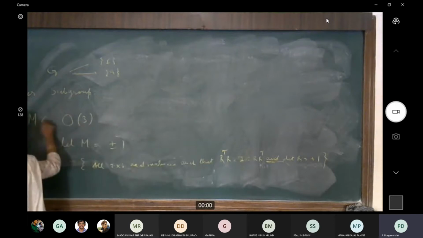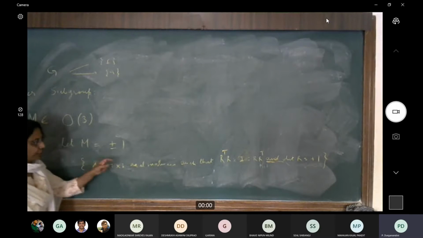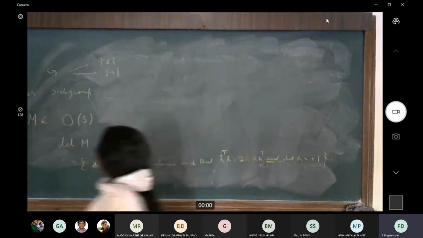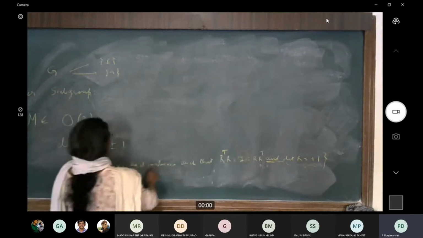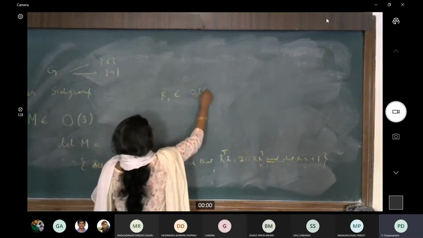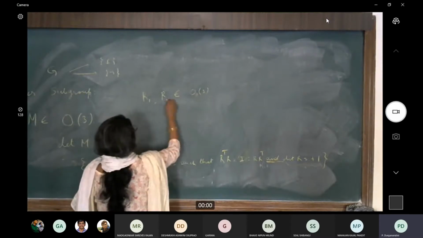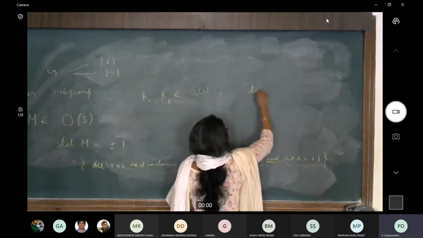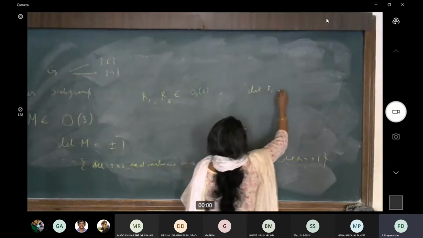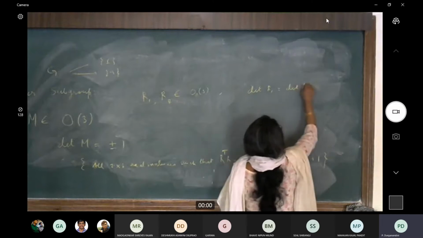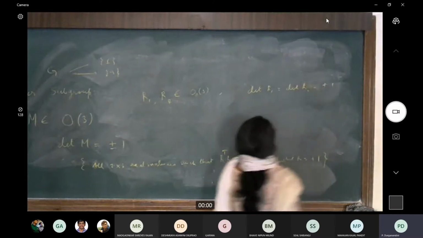we are restricting now to those matrices in O3 such that the determinant equals only plus 1. Now you can see that if I have two matrices, R1 belonging to O3 and R2 also belonging to O3, such that determinant of R1 equals 1 equals determinant of R2.